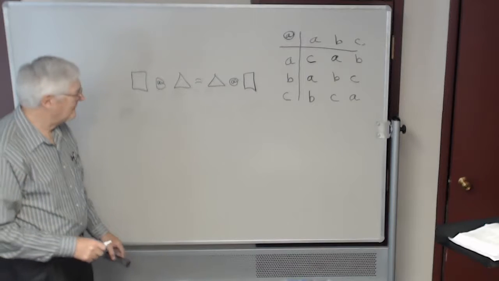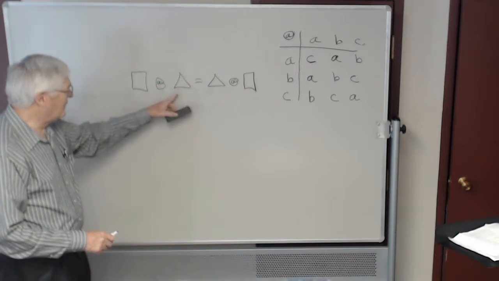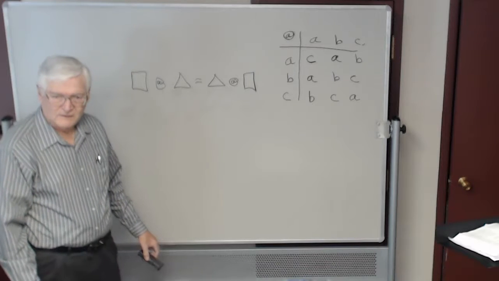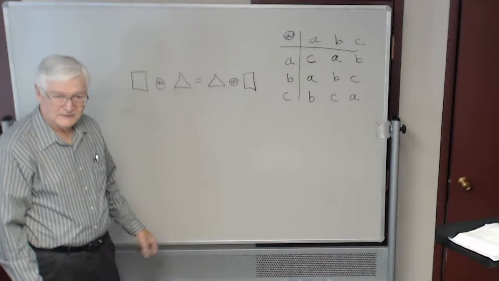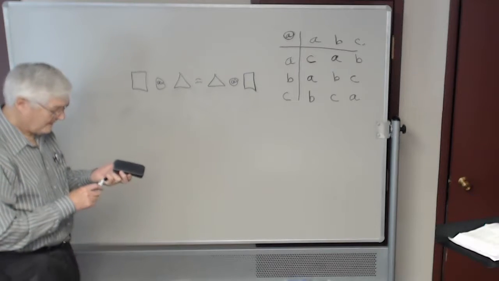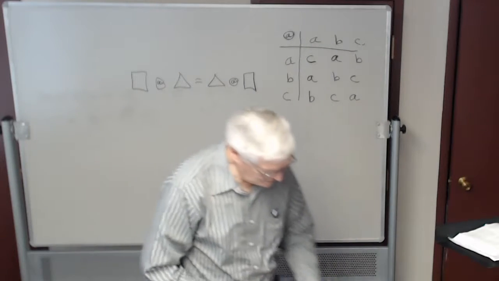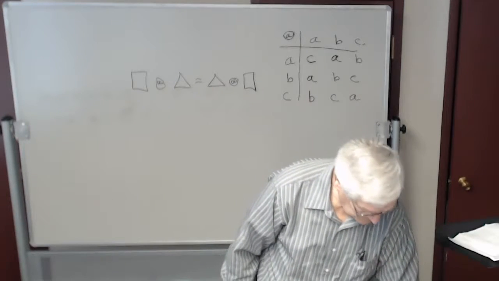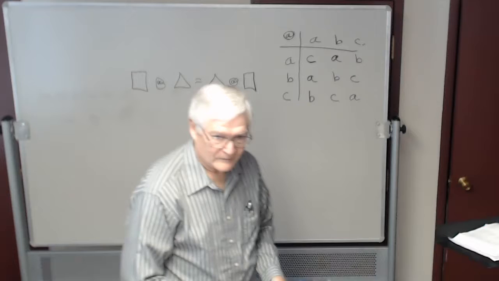Yeah. Square at triangle equals triangle at square. Is that commutative? It's on page 636.